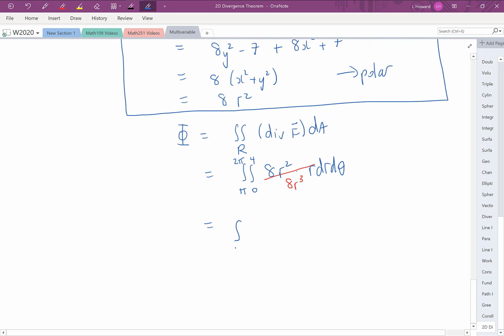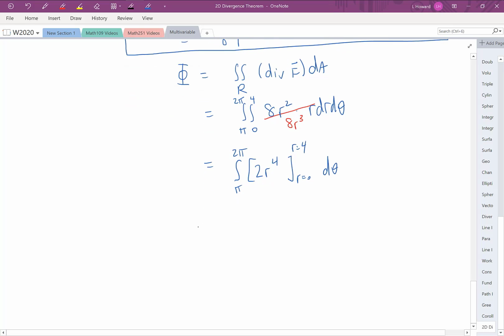So we'll keep our outside integral on here, keep our d theta on there. Integrating 8r cubed with respect to r, we're going to get 2r to the 4th. And that needs to be evaluated at r equals 4 and r equals 0. So we're getting 2 times 4 to the 4th minus 0.